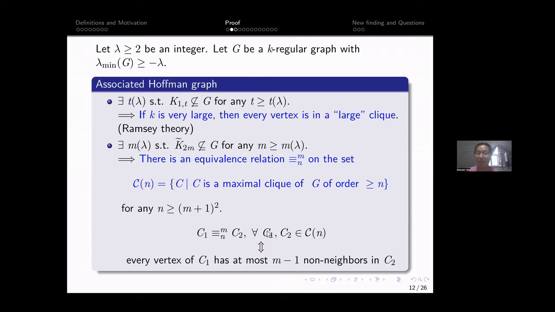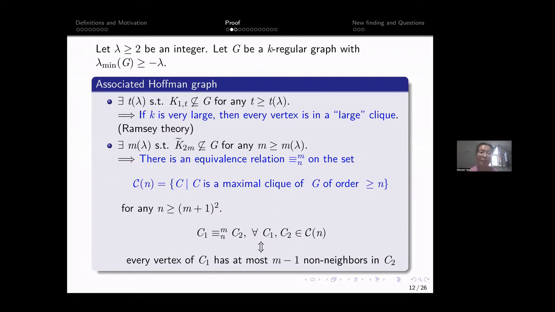Here I just gave the condition for two cliques to have a relation, and it's not hard to show that this is an equivalence relation. With this equivalence relation, we can go one more step.